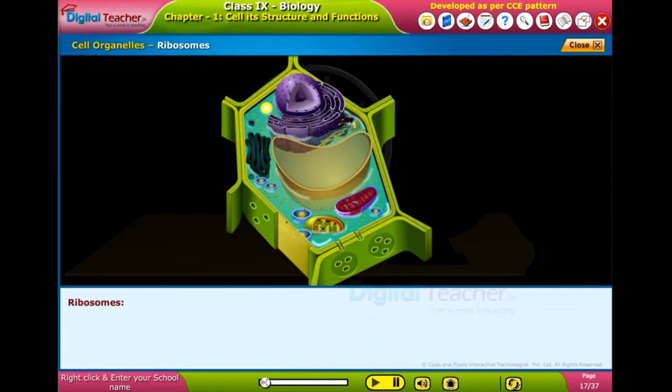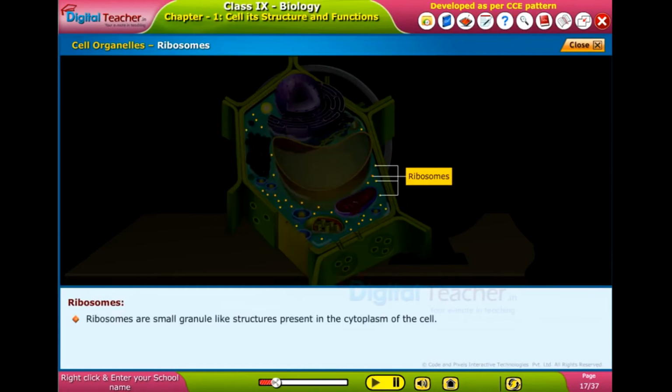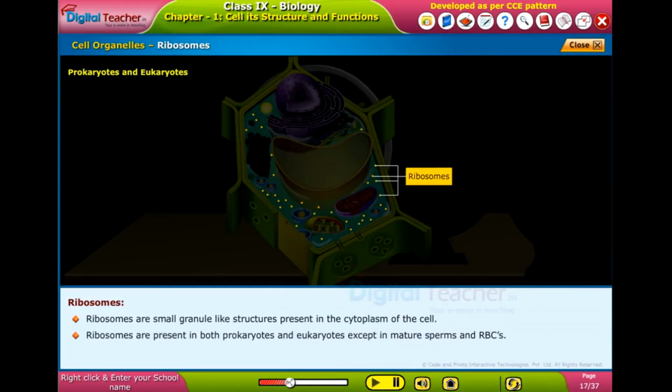Now, let us learn about other important organelle, ribosomes. Ribosomes are small granule-like structures present in the cytoplasm of the cell. Ribosomes are present in both prokaryotes and eukaryotes except in mature sperms and RBCs.